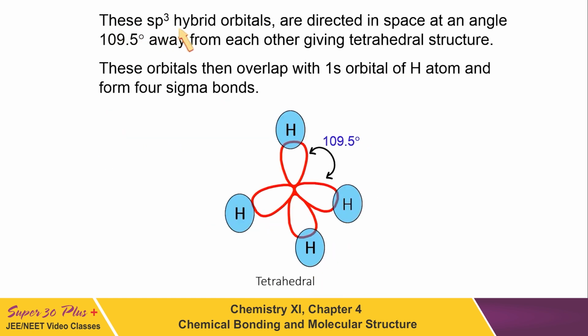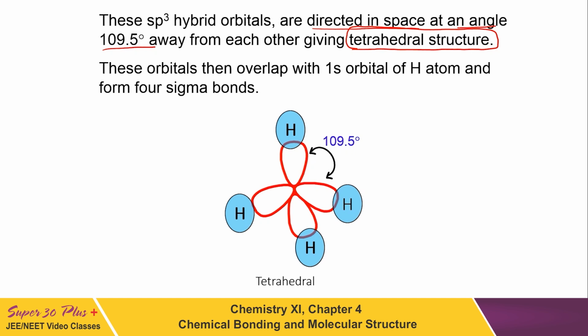Now these sp3 hybrid orbitals are directed in space at an angle of 109 degrees 5 minutes away from each other as per VSEPR, and it gives a tetrahedral structure, like I told you, in which 4 faces are there, tetrahedral.